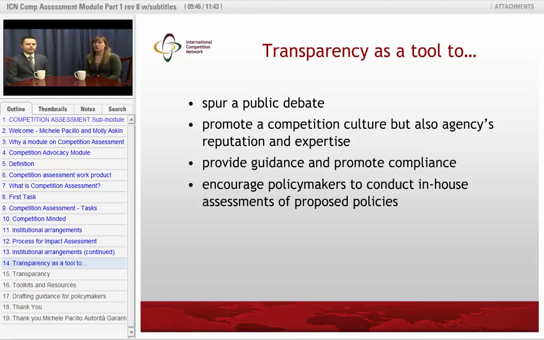This can be a powerful tool to spur a public debate about how proposed or existing regulations impact competition and consumers. And also, it can be the basis for engagement in discussions with government officials and decision makers, including the legislator or in other governmental bodies.